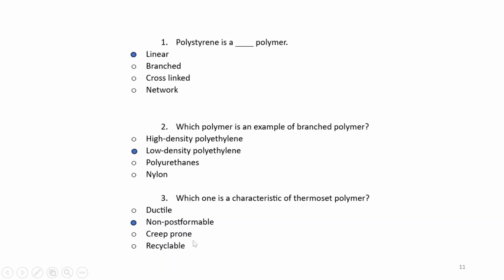They are not recyclable either. Thermoplastics are recyclable because they can be reheated and formed into other shapes, and thermosets are non-post formable. If you form your thermoset once and reheat it again, it is more likely to burn and it can't be formed into another shape.